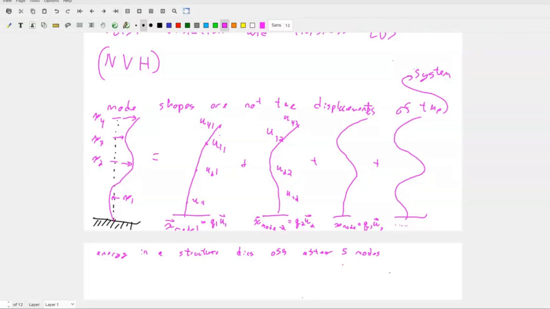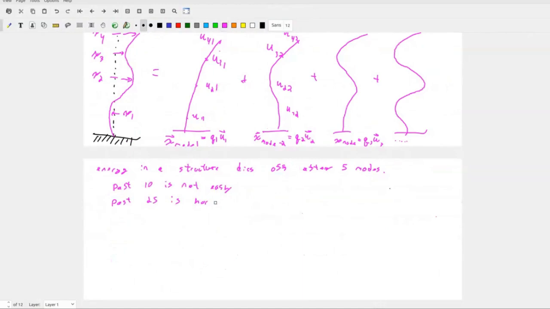Not impossible, not hard, but it's going to take some thinking. Past 10, these are rules of thumb, past 10 is hard, let's say, not easy. Let's go past 25 is hard. I don't even know what you'd be looking for past 25. And we're talking past 25.